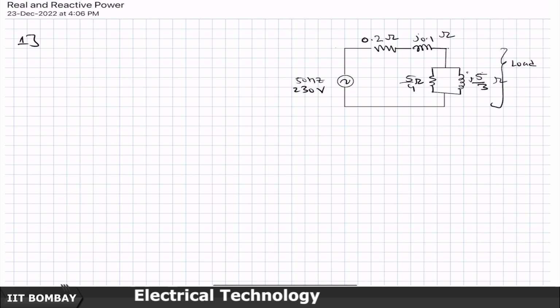So, a very typical kind of example this is. Usually wires have inductance and resistance associated with them. So, this is representative of a wire, this is representative of a home supply, and this is representative of a load which is connected to it.